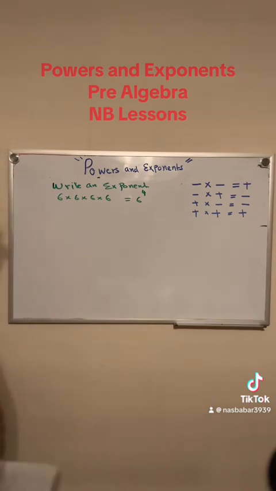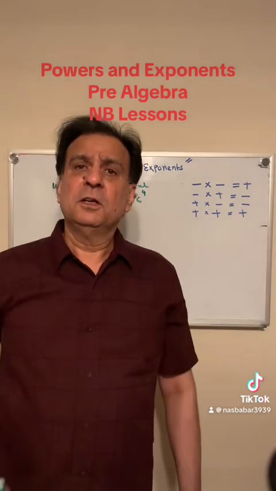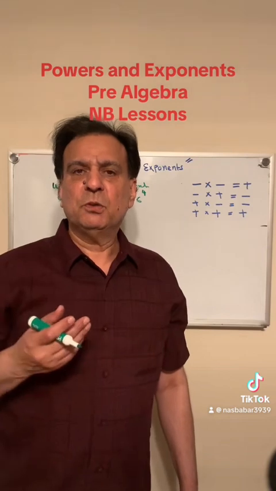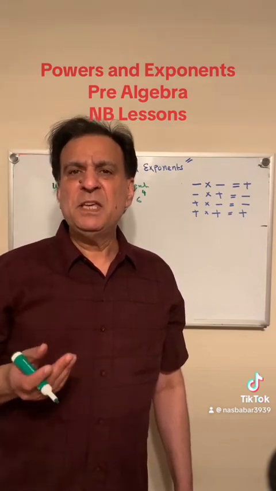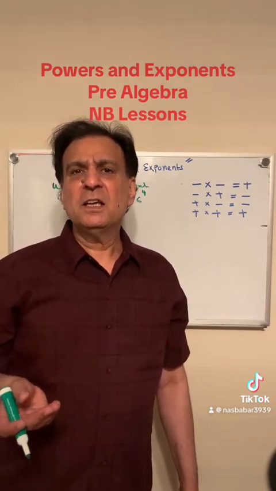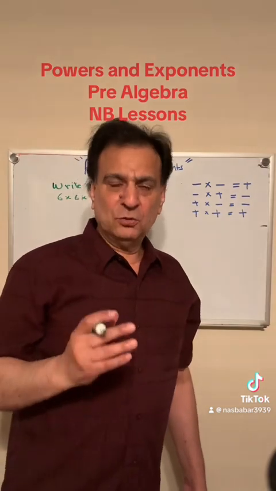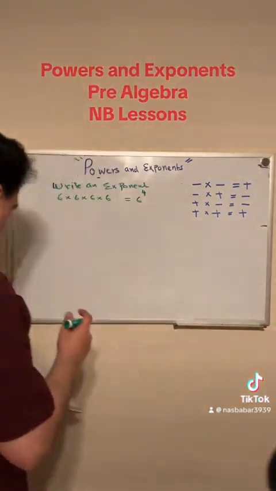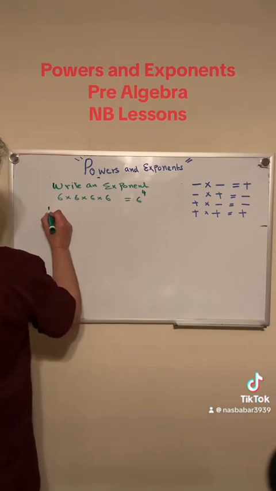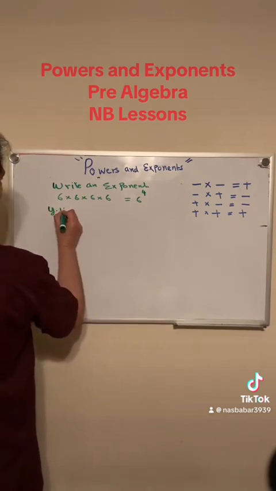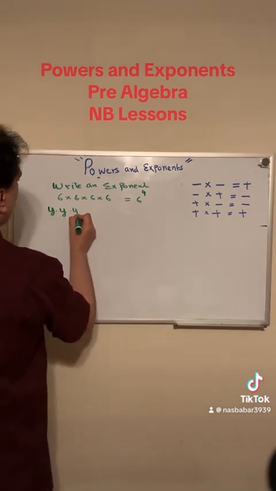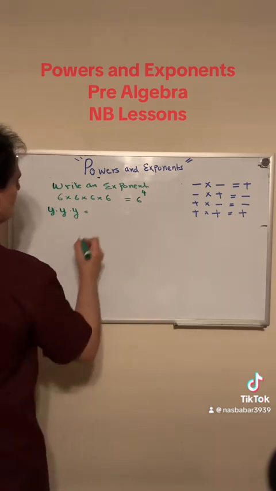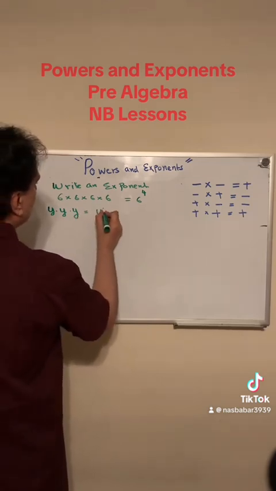Now, in algebra, you will see variables like a, b, x, y, z a lot. So get ready for those. So what if I say y times y times y? What would that be equal to? It would be equal to y cubed.